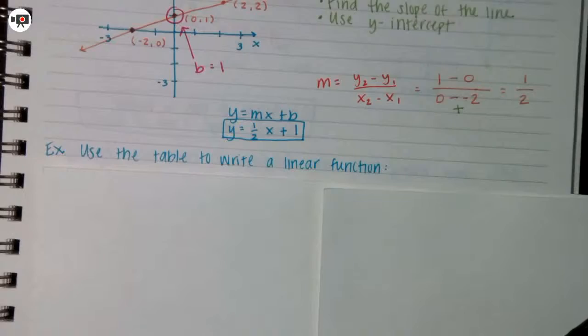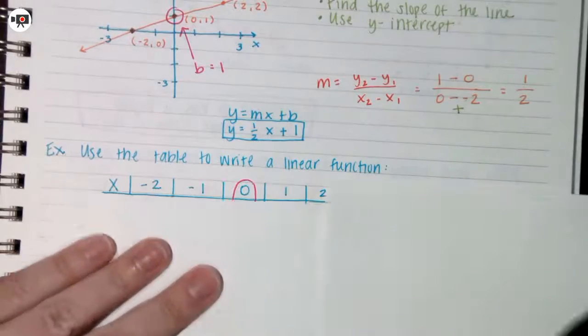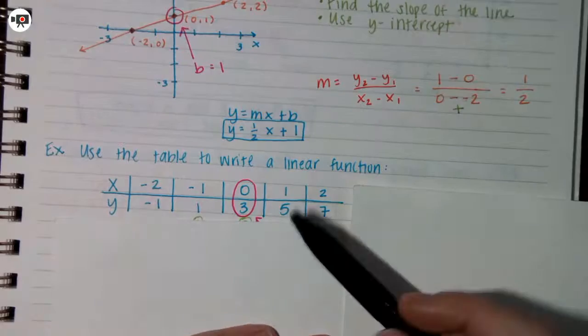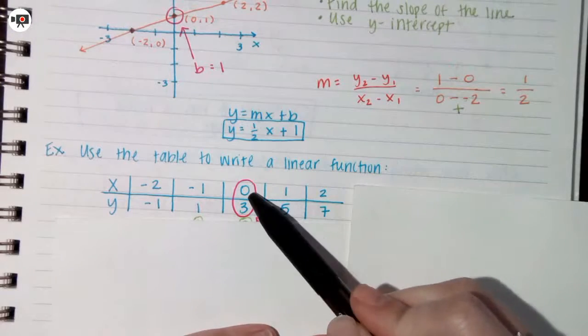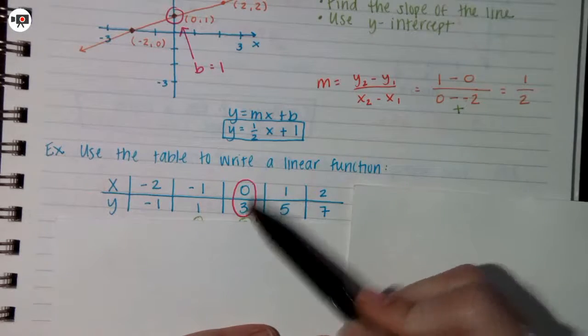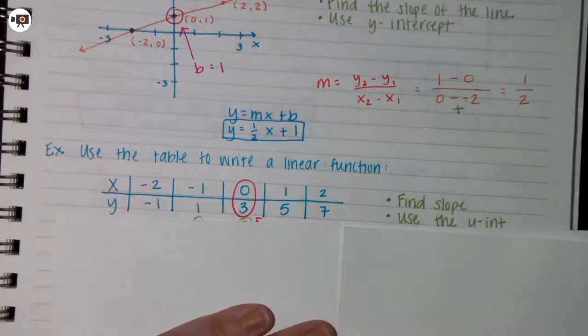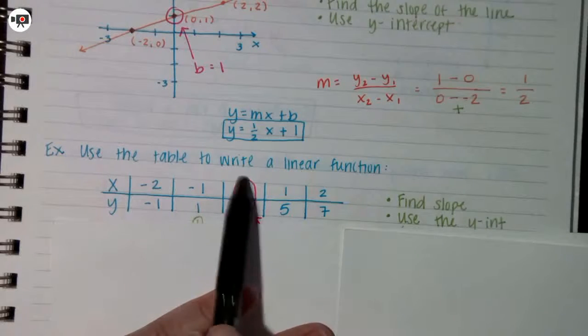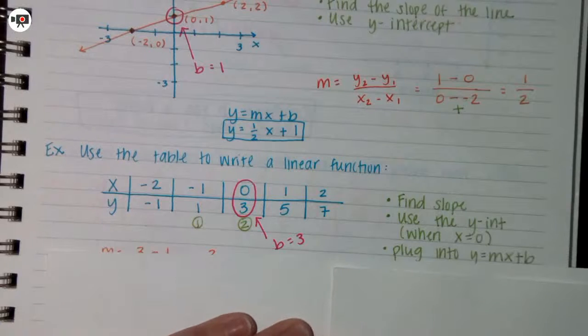Now we are going to use a table to write the linear function. So I have this table here, and the first thing I notice is I have x is 0, and I have a y value. So I'm going to find the slope, then use my y-intercept and plug it into the formula.